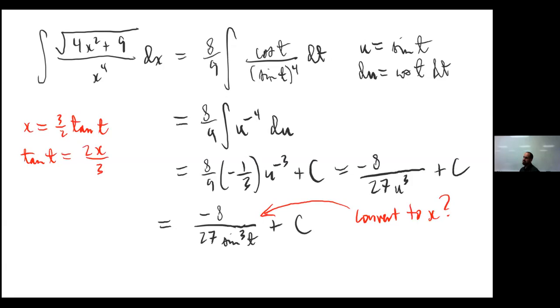Does that make sense? But I don't want tangent. What do I want? I want the sine function, yes? I have sine cubed sitting there. What do we do? Make a triangle. Watch this.